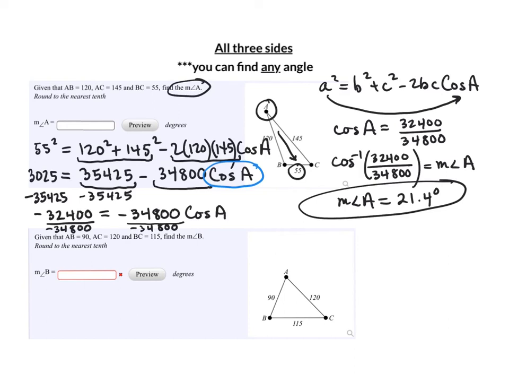One last example. So this time we're going to find angle B, and just like the last time, we start with the opposite side.